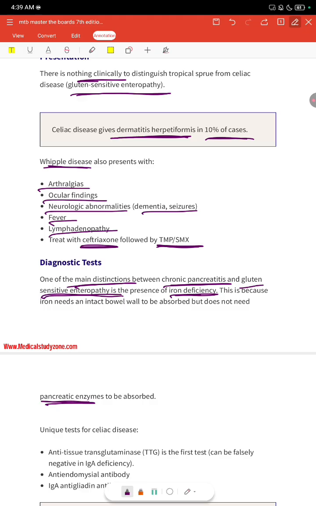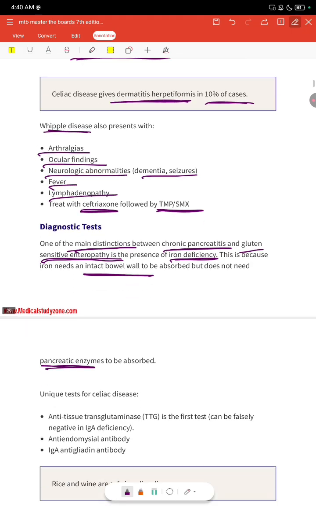But in gluten sensitive enteropathy, the bowel wall is not intact. And iron needs an intact bowel wall to be absorbed but does not need pancreatic enzymes to be absorbed. So in chronic pancreatitis, there will be no iron deficiency in the patient, while in celiac disease, where there is no intact bowel wall, we will be having iron deficiency. So this is one of the distinguishing points.